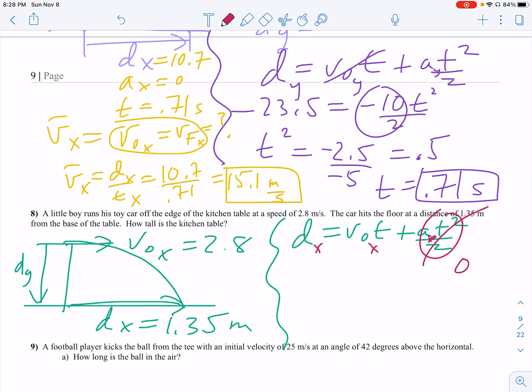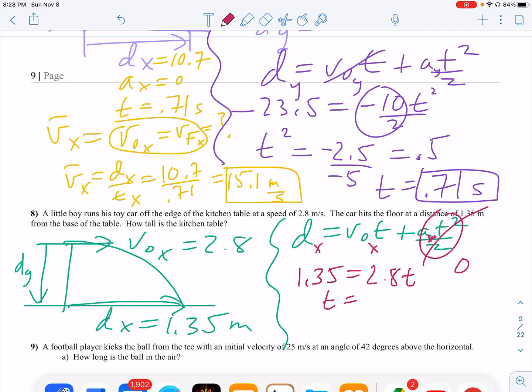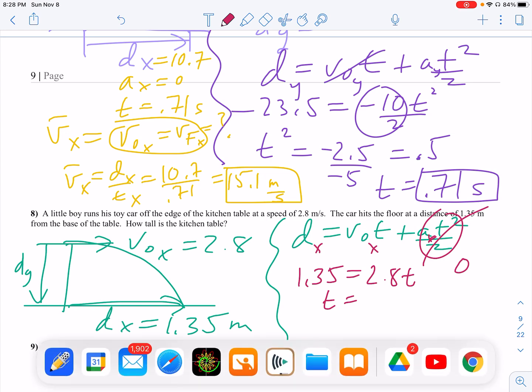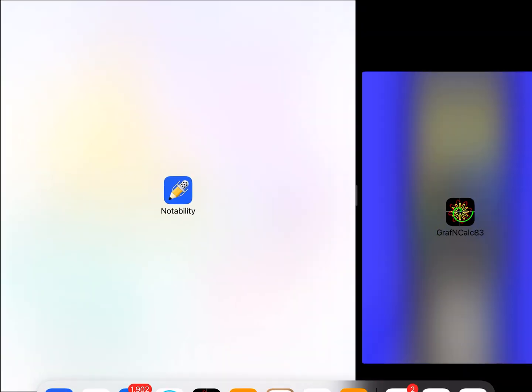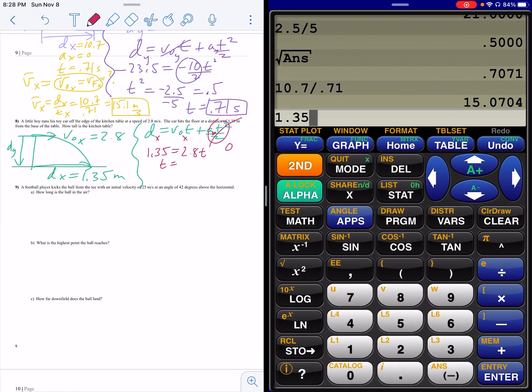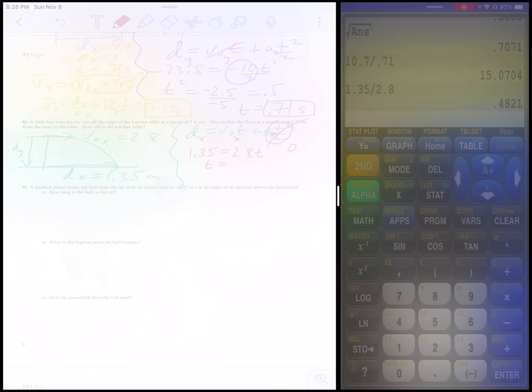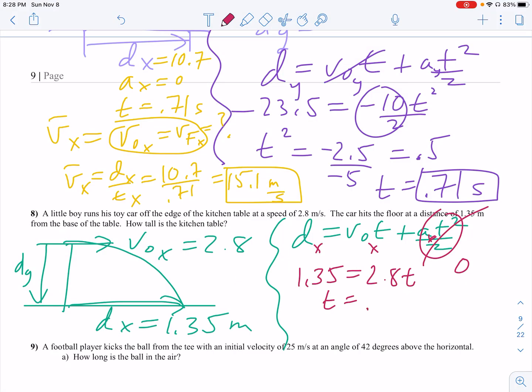So I'm solving for time. So 1.35 is equal to 2.8 times t. So time is 1.35 divided by 2.8. 1.35 divided by 2.8 is 0.48. 0.48 seconds.